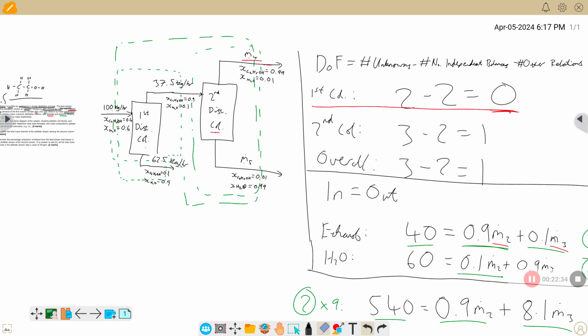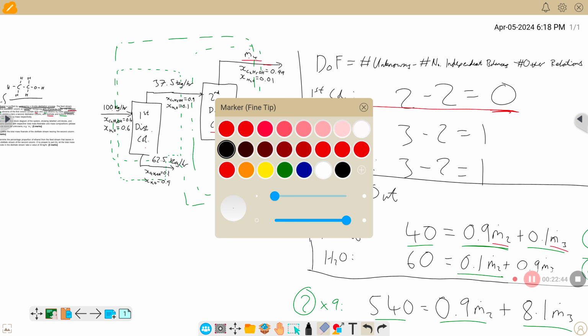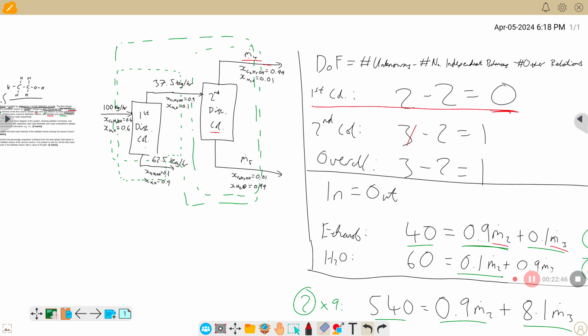Right. So now that we've solved that, note that if I did my degrees of freedom analysis again, I could scratch off my three unknowns and replace it with 2 now, right? Because one of the unknowns was M2, but I've now found its value, so it's no longer unknown, and I would effectively have 0 degrees of freedom for my second column.